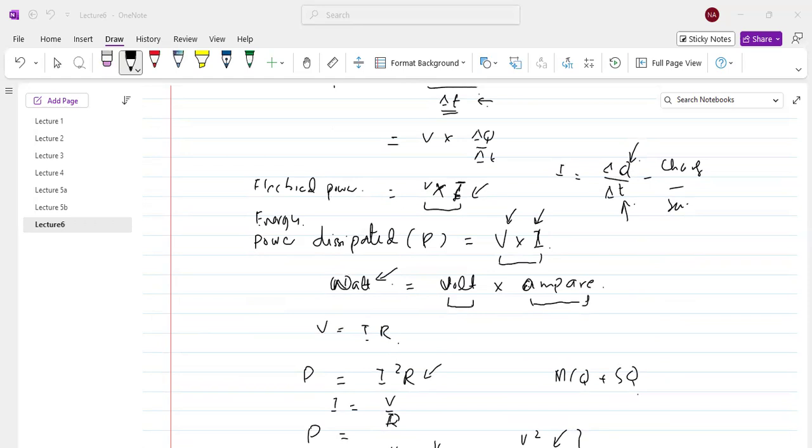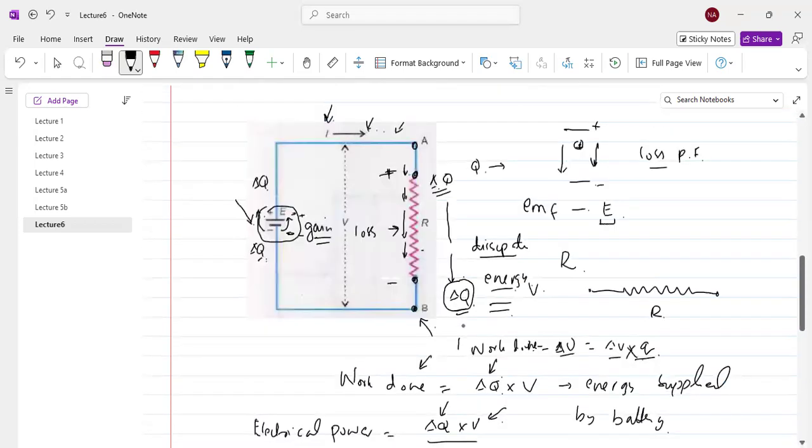Next, we will define electromotive force and potential difference and see what the difference is between them.